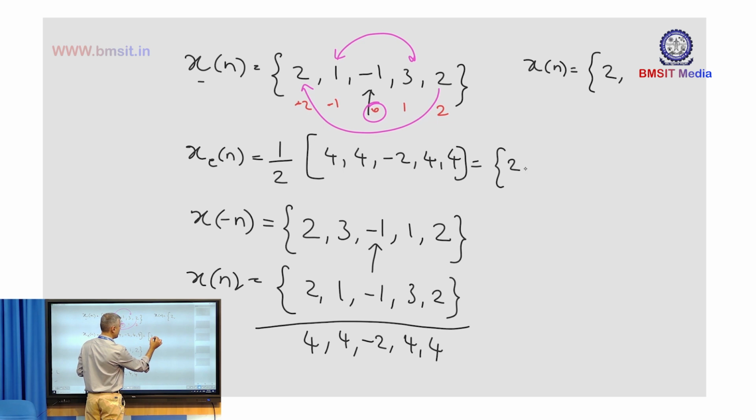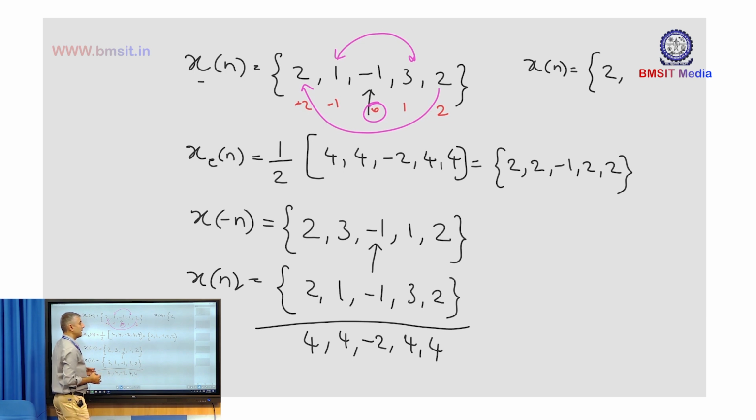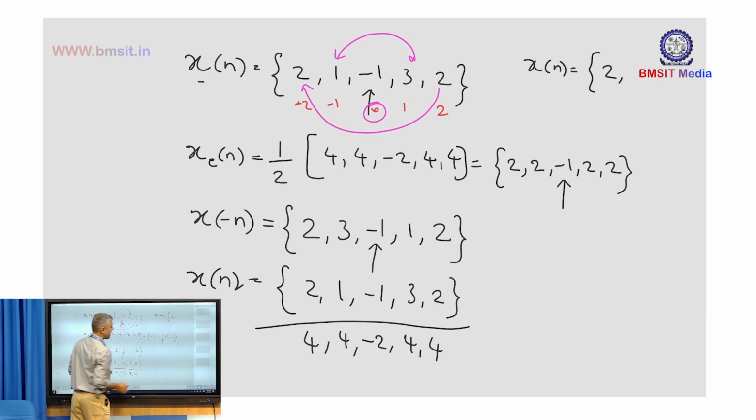So 4 by 2 is 2, again 4 by 2 is 2, then minus 2 by 2 is minus 1, then 2 and then 2. You can see that the signal that we have obtained, the even component, has symmetry along the origin. So this is the way in which you can decompose a given signal into even and odd parts.